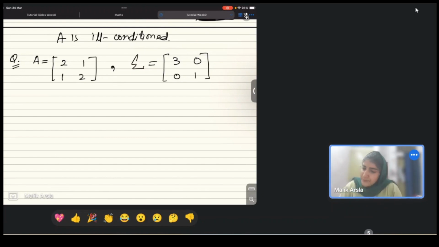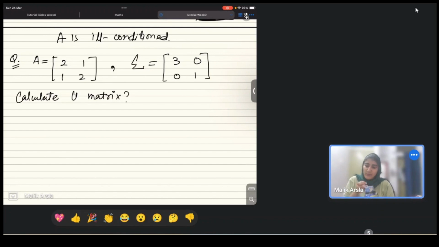Now we have to basically calculate the U matrix. Okay. So how do we do this question?